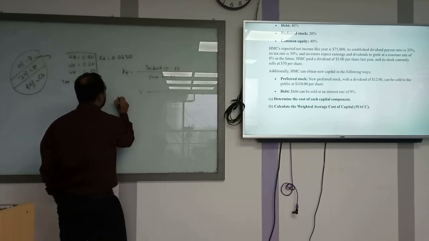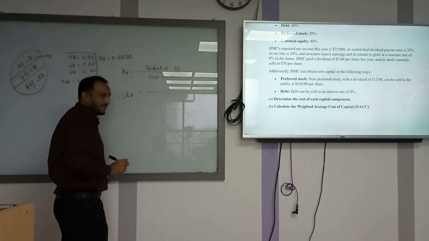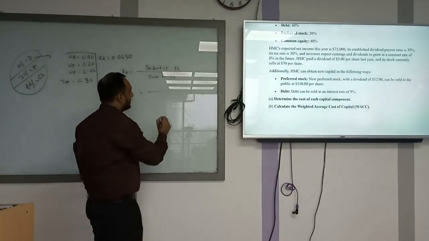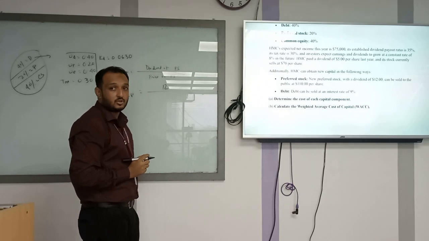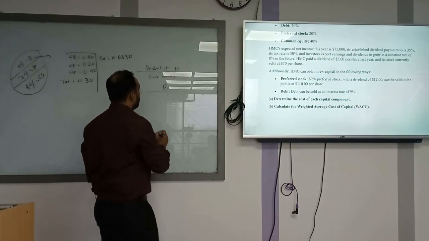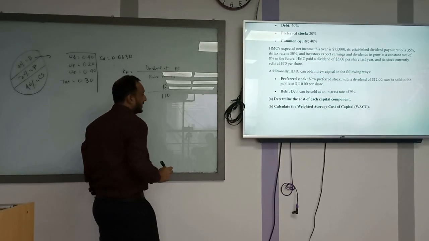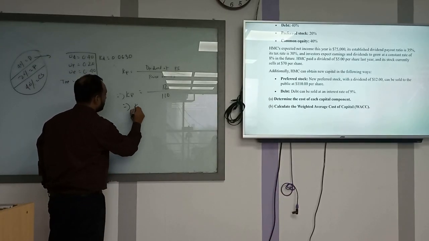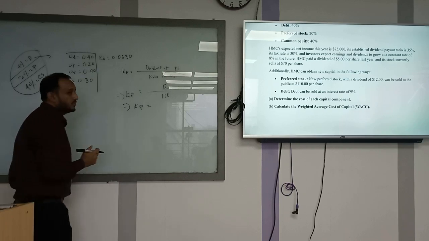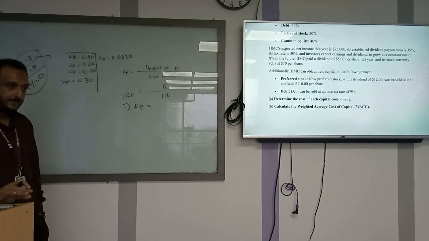So dividend কত? Projected dividend কত? $12 per share, right? And what is KP? Cost of preferred stock. And 110 price. So কত হচ্ছে বলতো? KP is equal to 12 divided by 110.